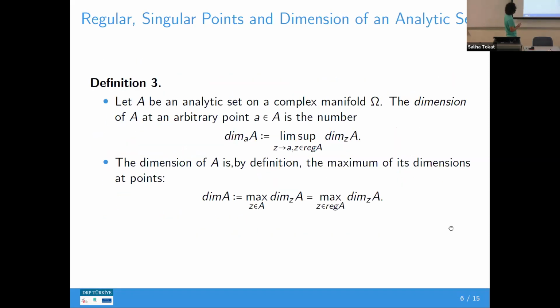Then the easy part: define the dimension of A. We define the dimension of the points of A, so we are taking their maximum. How can we take the maximum of these points? Because the dimension of A cannot exceed the dimension of the ambient space omega, so we have finitely many choices, and we can take the maximum.